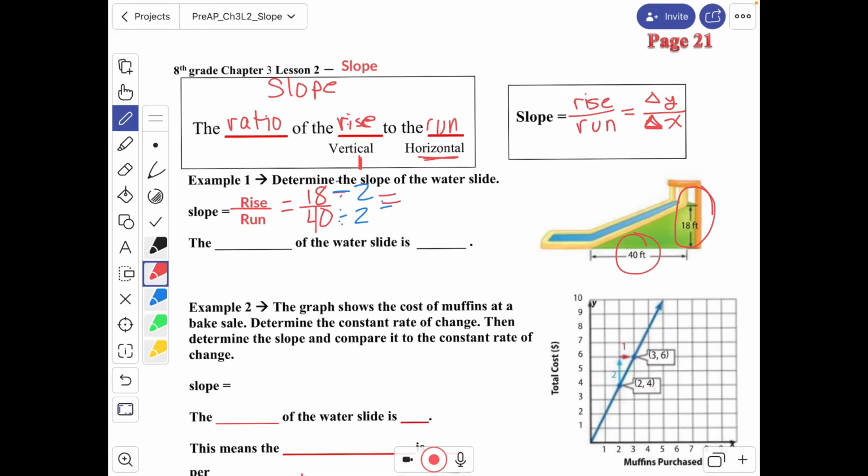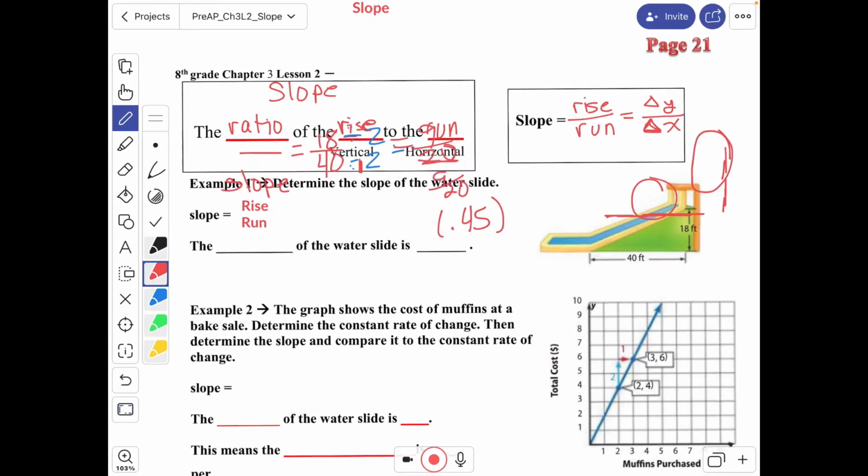And we would get 9 over 20. So the slope of the water slide is 9 over 20, which would be 0.45. What that means is for every foot horizontal, it goes up almost a half a foot.